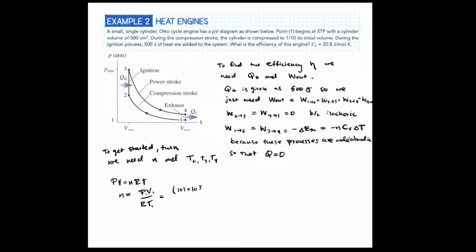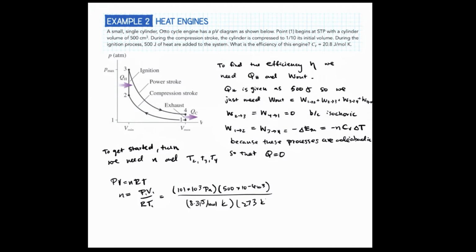So remember, standard pressure is 101.3, but we don't need to do that. 101 times 10 to the 3rd pascals. Our volume is given as 500 centimeters cubed, but remember, if we're going from centimeters cubed to meters cubed, there's a 10 to the negative 6 because there's a lot of cubic centimeters in a cubic meter, 10 to the 6 to be exact.